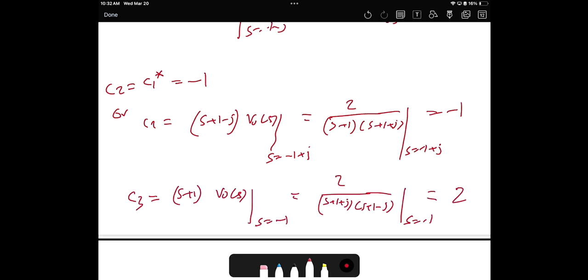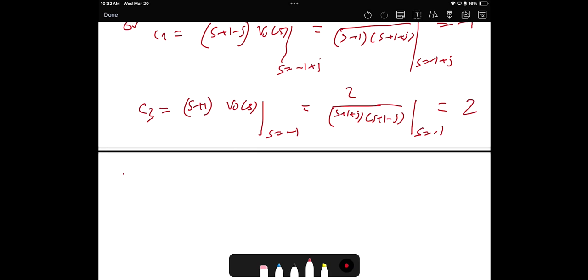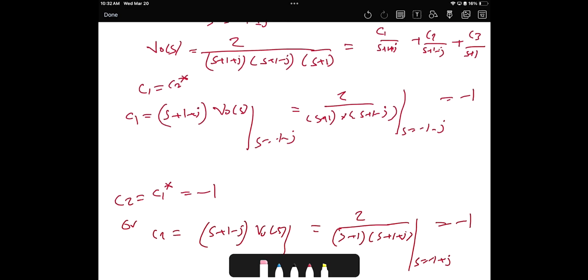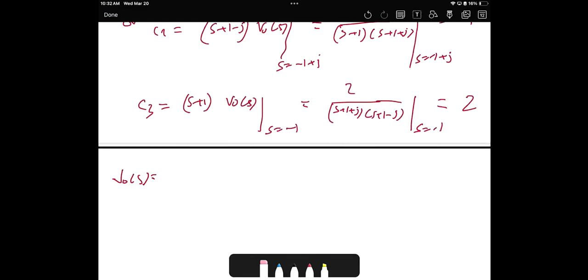Let me substitute this. As a result, VO of S will be negative 1 over S plus 1 plus J, minus 1 over S plus 1 minus J, plus 2 over S plus 1. That's VO of S.